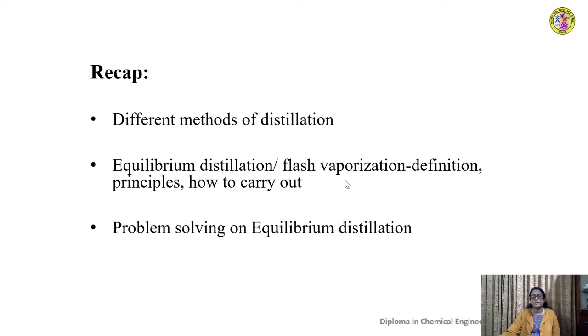After that, we solved a problem on equilibrium distillation by making use of the equation of operating line that we derived for equilibrium distillation. So that completes the first session on the methods of distillation. In the next session, I'll be talking about the second method of distillation, that is simple or batch distillation.